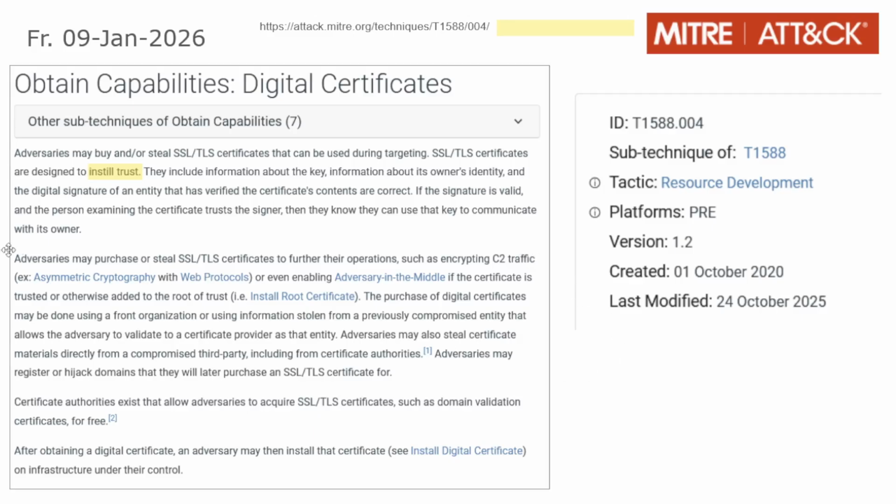That's just a public key infrastructure introduction here, that's what it is, yes. And then adversaries may purchase or steal SSL/TLS certificates to further their operations, such as encrypting C2 traffic, or even enabling adversary in the middle if the certificate is trusted or otherwise added to the root. Yes, so once the adversary has a valid certificate, he can do all kinds of mischief with it.